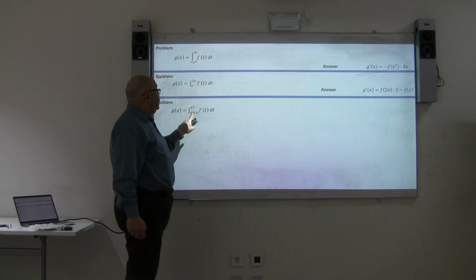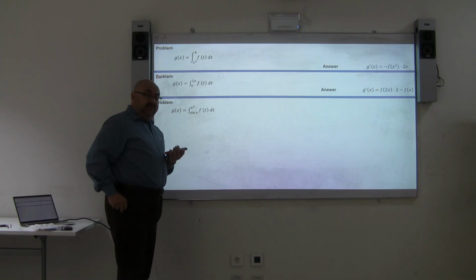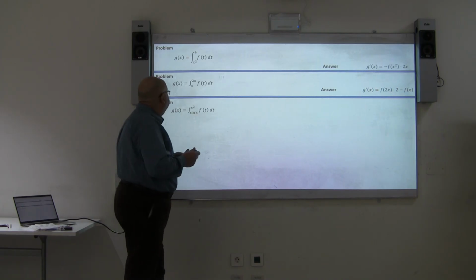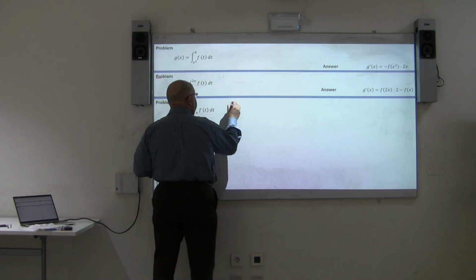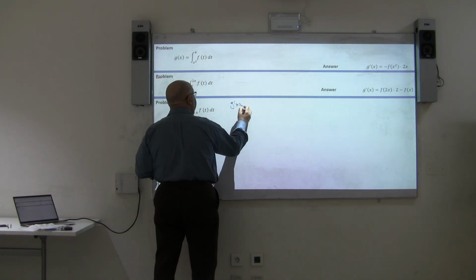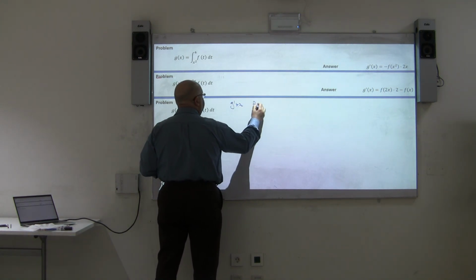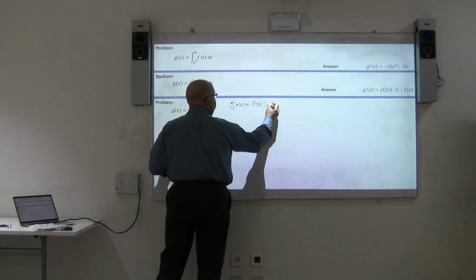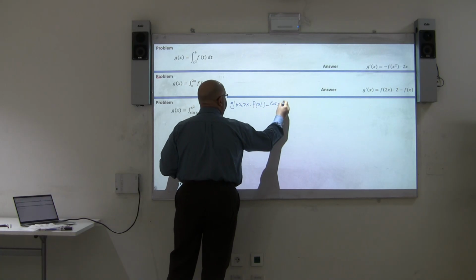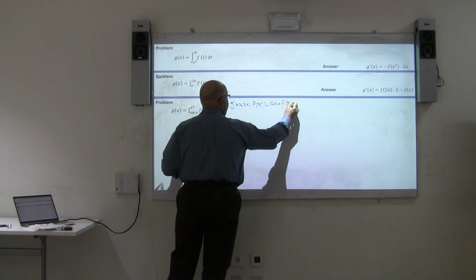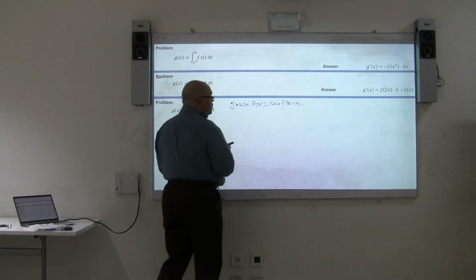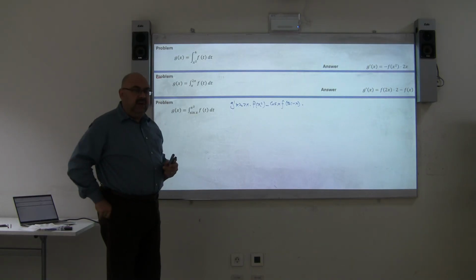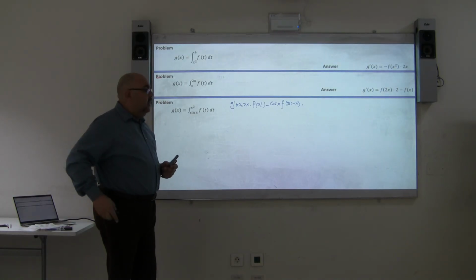So in a more practical problem for this one, if I want to find the derivative, anyone? So j dash of x will be f of x squared times 2x minus, yes you are right, cosine x times f of sine x, as you can see. It's really very simple to apply.